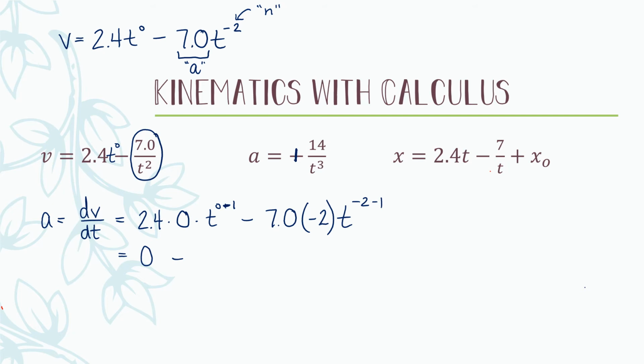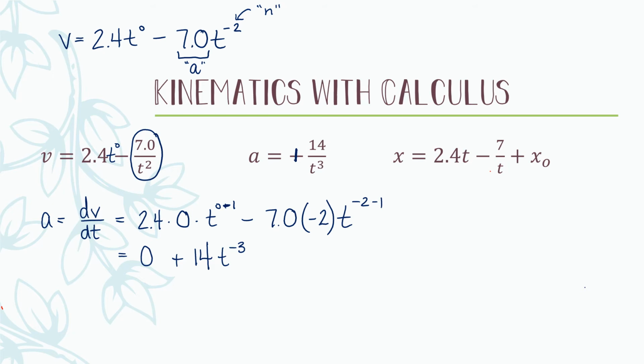It's an error on my part. So I have 0 plus 14 times t to the negative 3. And another way of writing t to the negative 3 is 14 divided by t cubed. That gives us our derivative.